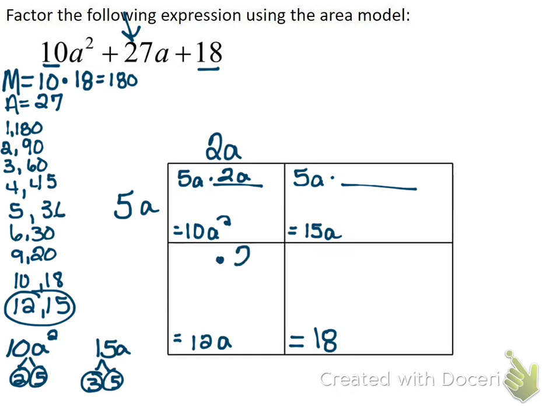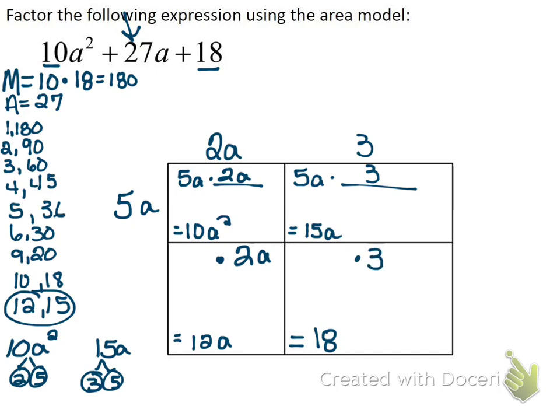The one below. So I'm going to bring that on down. Now remember, we always do the length second. Then I find the length of my second rectangle. So 5a times what equals 15a? 3. And if that's the length of my rectangle above, it's also the length of the rectangle below. So I'm going to bring that down.